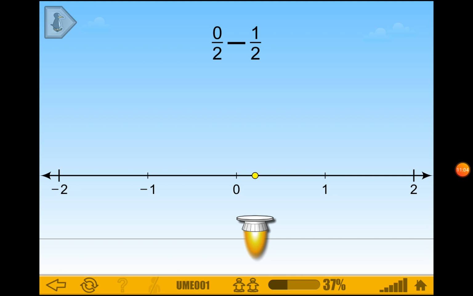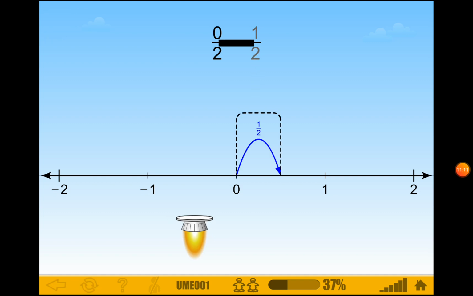So then 0 over 2 is 0, so 0 minus half is negative half, which is here. Go, and Gigi's on his rocket ship.